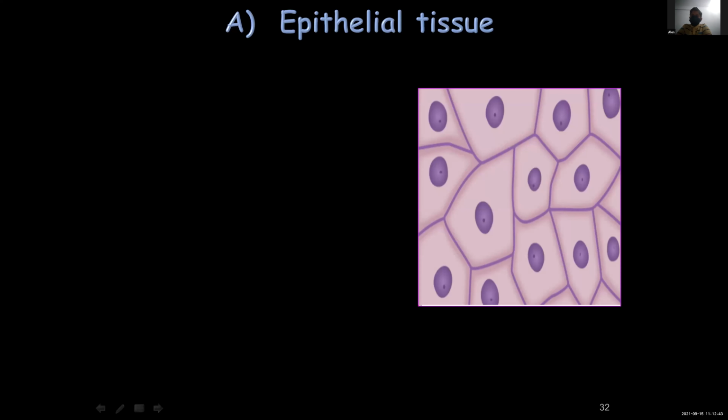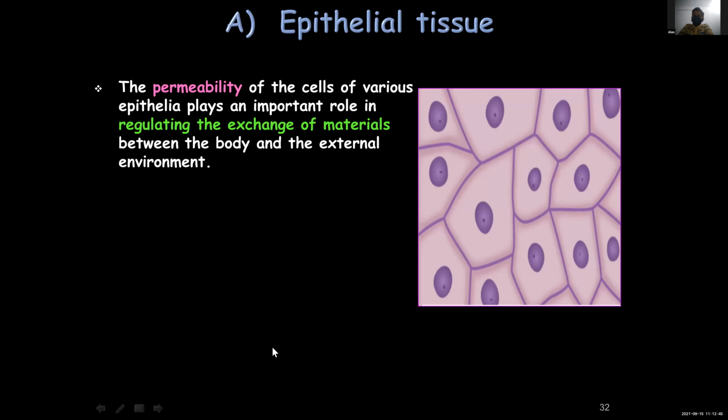So now let's see more about epithelial tissue. The permeability of the cells of different epithelia plays an important role in regulating the exchange of materials between the body and external environment.